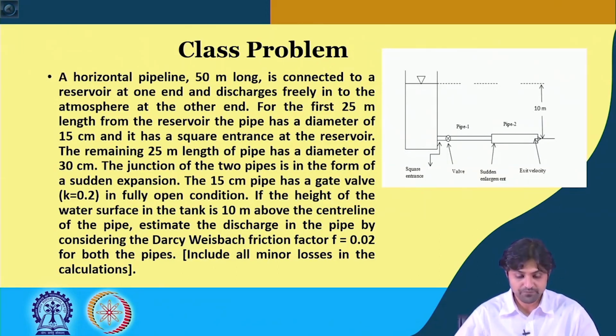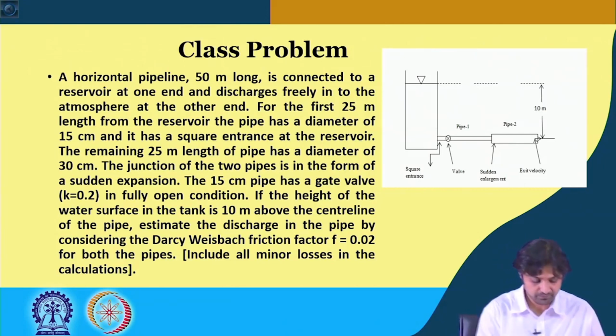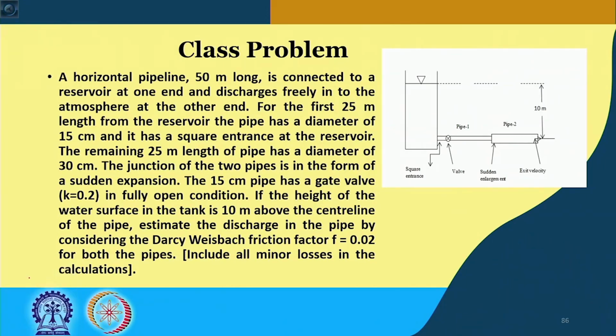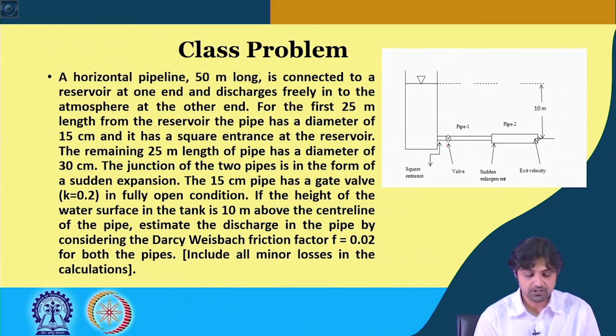For the first 25 meters length from the reservoir, the pipe has a diameter of 15 centimeter and it has a square entrance at the reservoir. The remaining 25 meter length of the pipe has a diameter of 30 centimeters.